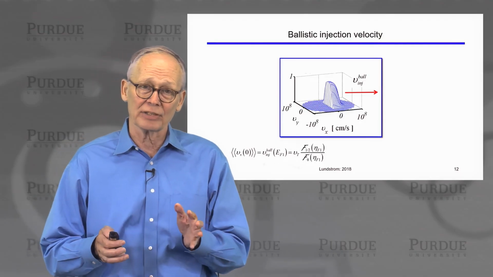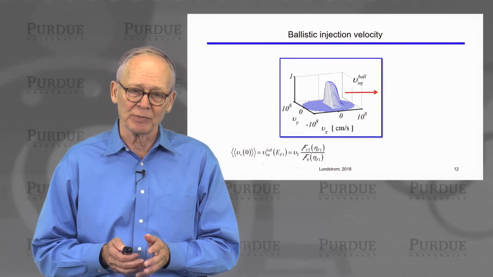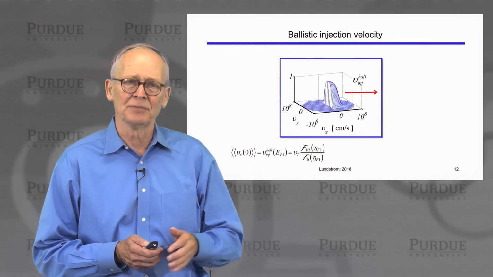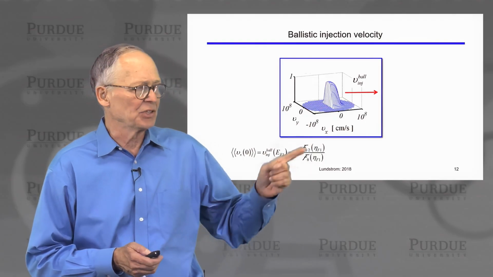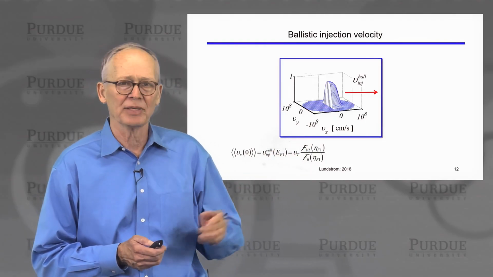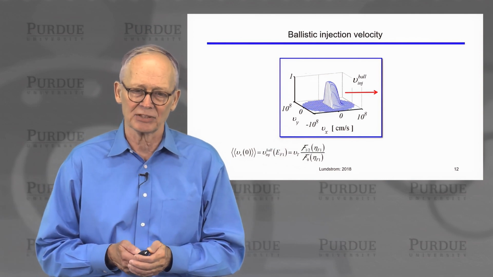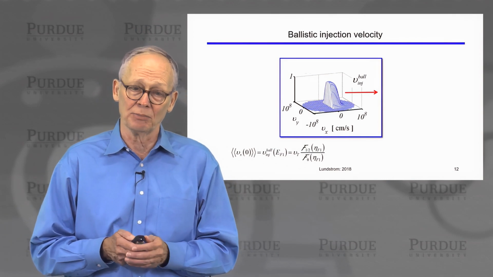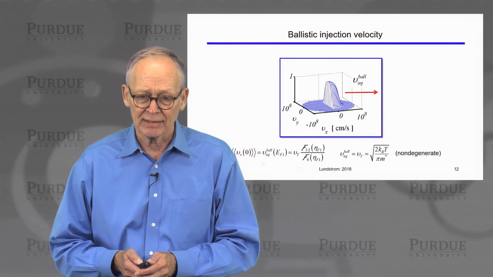Now, we can do the calculation more generally with Fermi-Dirac statistics, and you'll see that it involves some Fermi-Dirac integrals, which depend on the location of the Fermi function with respect to the bottom of the conduction band. And that can become important, especially when we go above threshold. Okay.